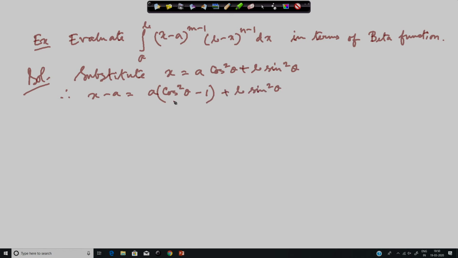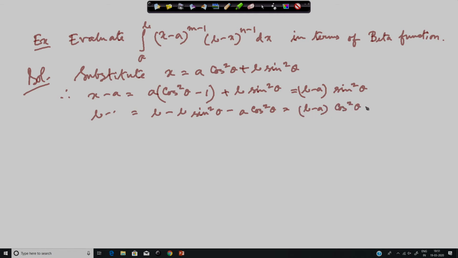So, the first term becomes minus a sin square theta, so that it becomes (b minus a) sin square theta. Okay. So, similarly, b minus x becomes b minus b sin square theta minus a cos square theta. So, this is (b minus a) cos square theta, which is b minus x.